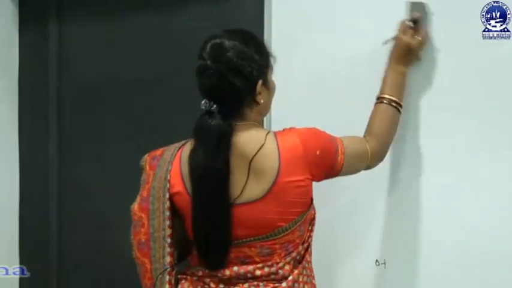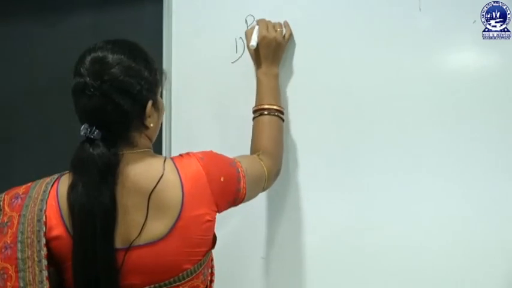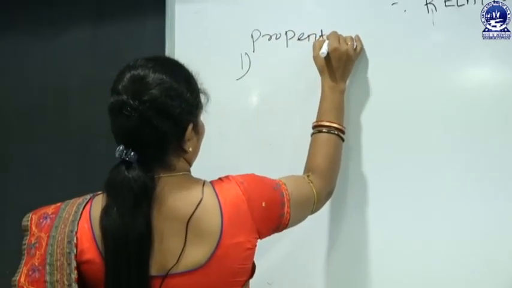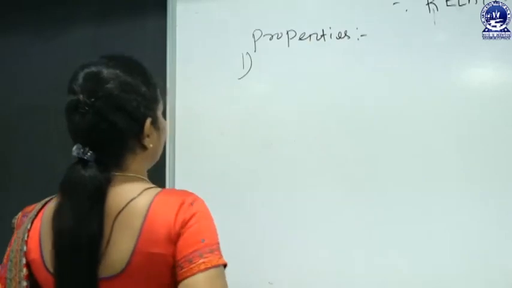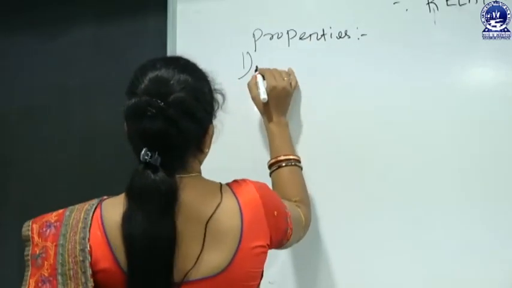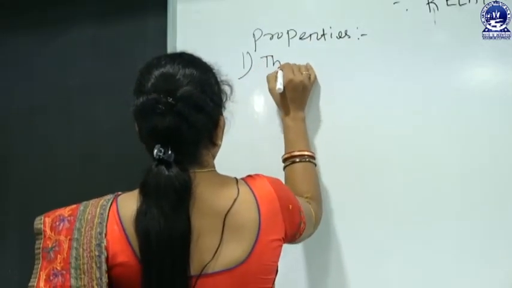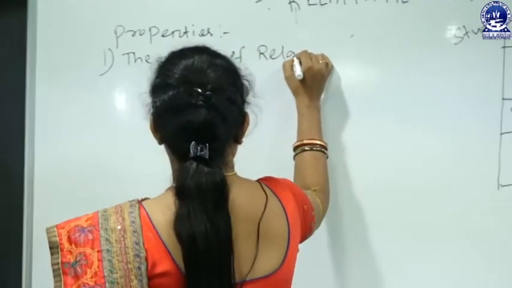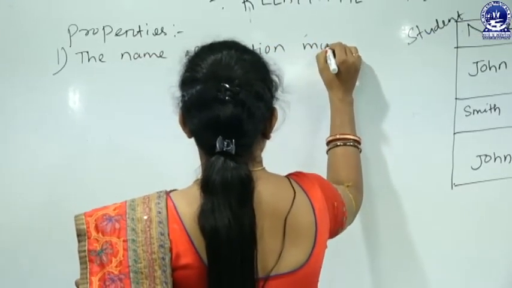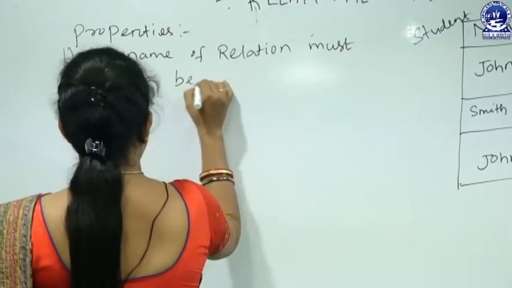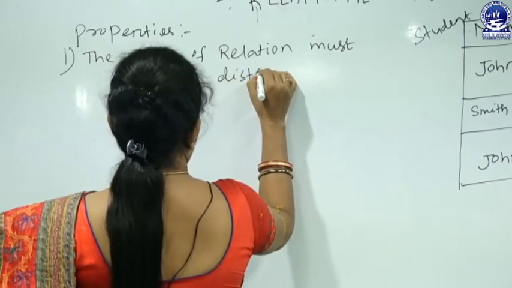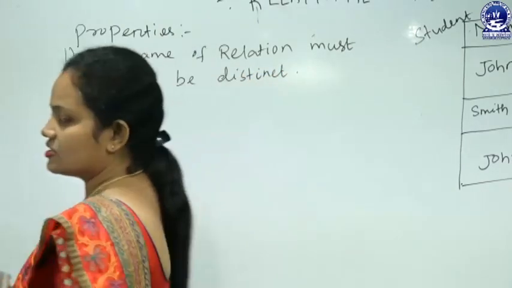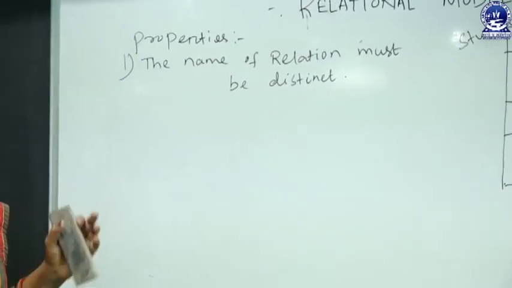Let us see some properties of relation, that is properties of the relational model in database. The first property is that the name of the relation must be distinct.